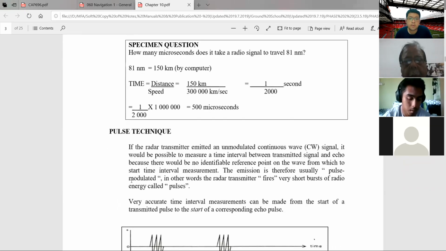Okay. That's right. Faster, please, faster. 81,000 nautical miles.